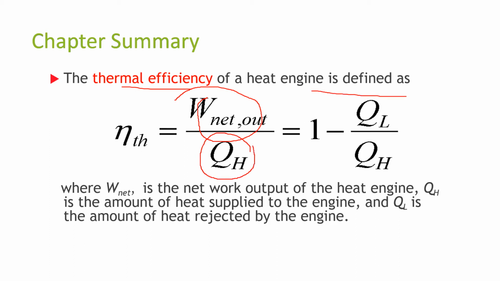This equals 1 minus QL, Q at low temperature, divided by Q at high temperature, where W net is the net work output of the heat engine, QH is the amount of heat supplied to the engine, and QL is the amount of heat rejected by the engine.